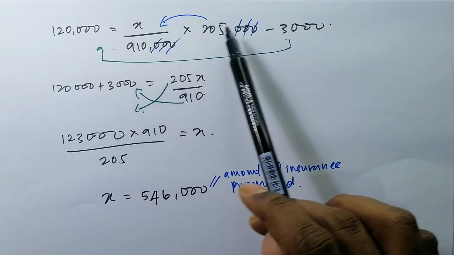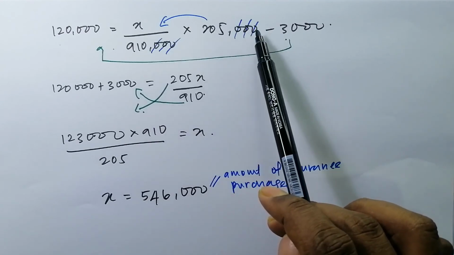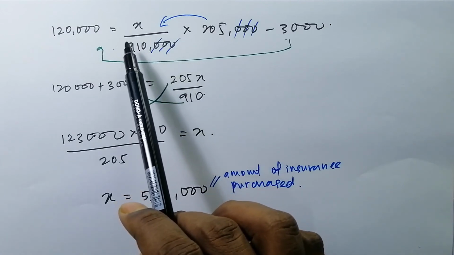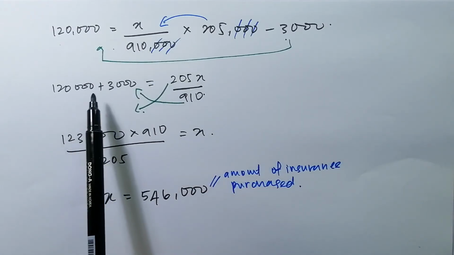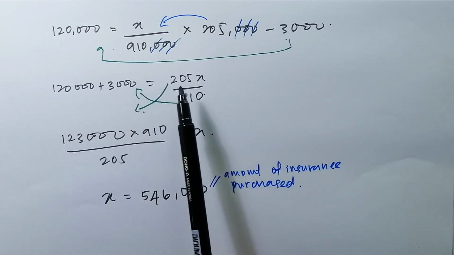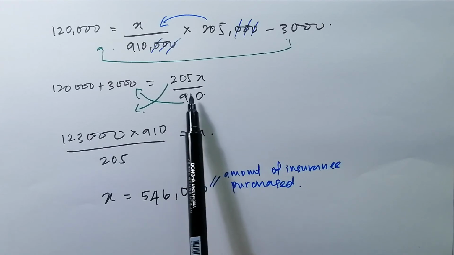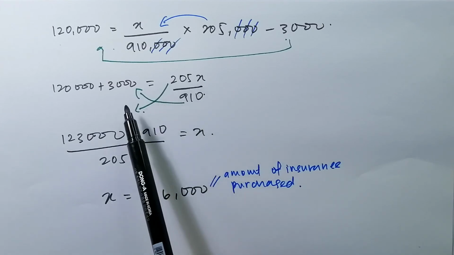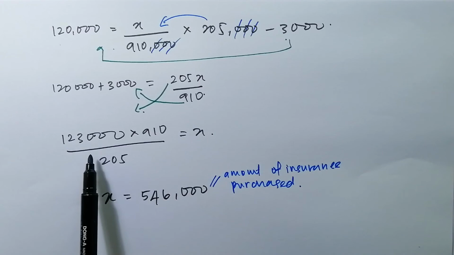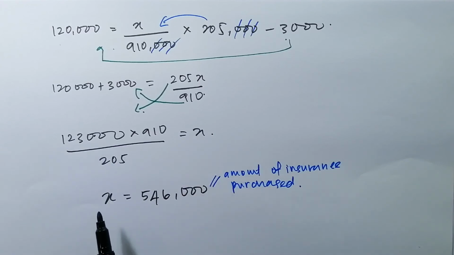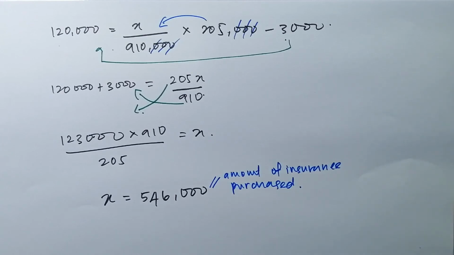We cancel off the three zeros over here and three zeros over here, and we multiply 205 with the X. Further modification gives us 120,000 plus 3,000 equivalent to 205X over 910. This 910, bring it up here. This 205, bring down here. So it will give you something like this, equivalent to X. Further solving X will give us X equals 546,000, the amount of insurance purchased by Mr. Geylang in order to receive a compensation of 120,000.